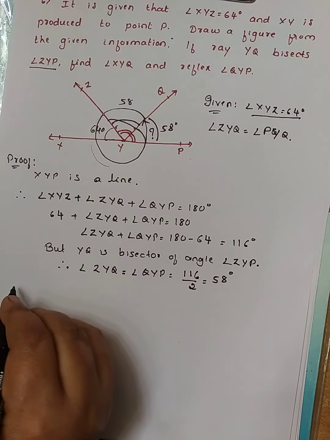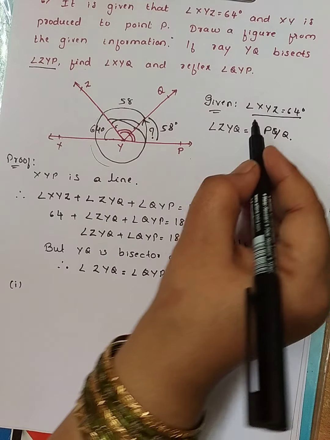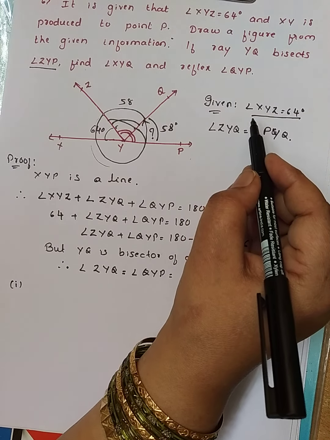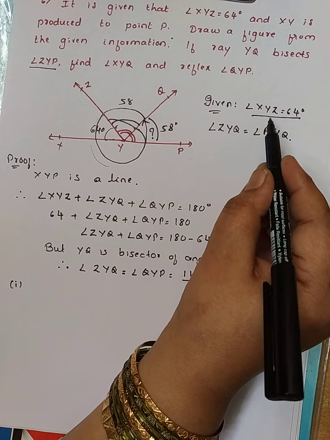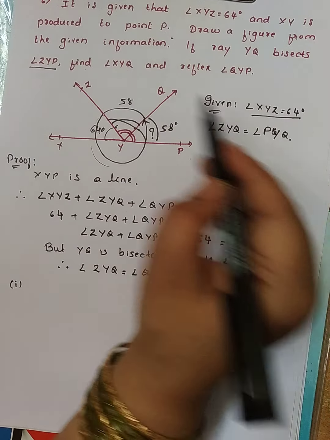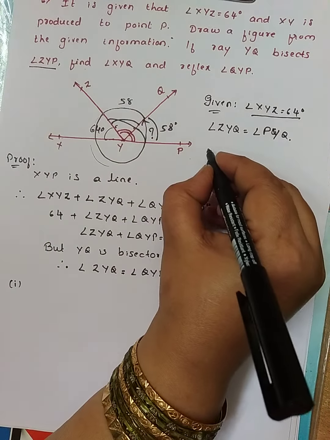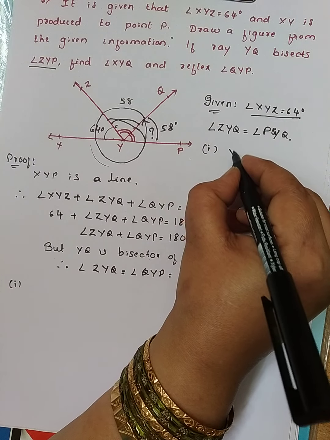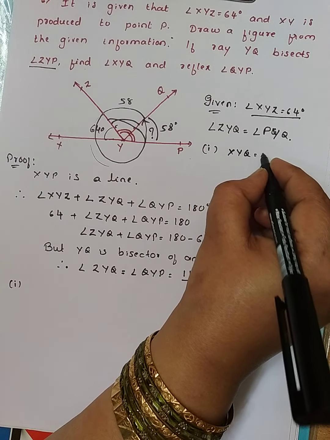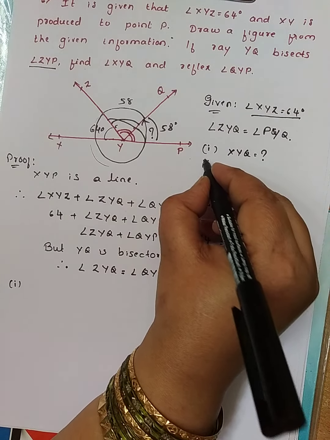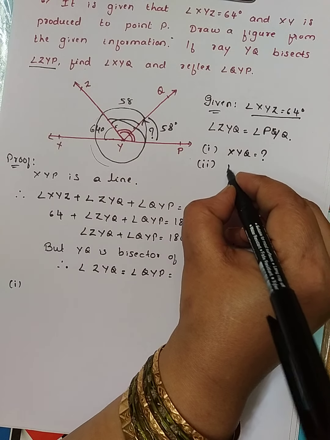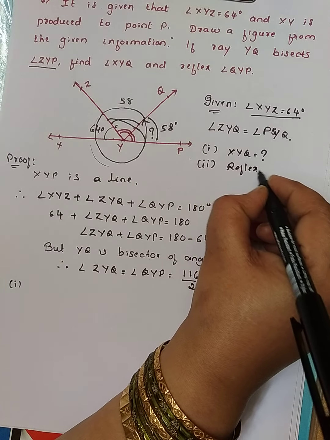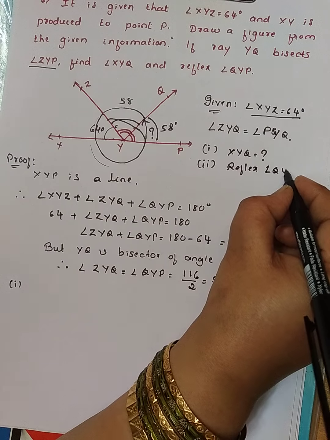Then what is the next step? First, we have to write the questions here. Find XYQ, first question, and second question is reflex angle QYP.